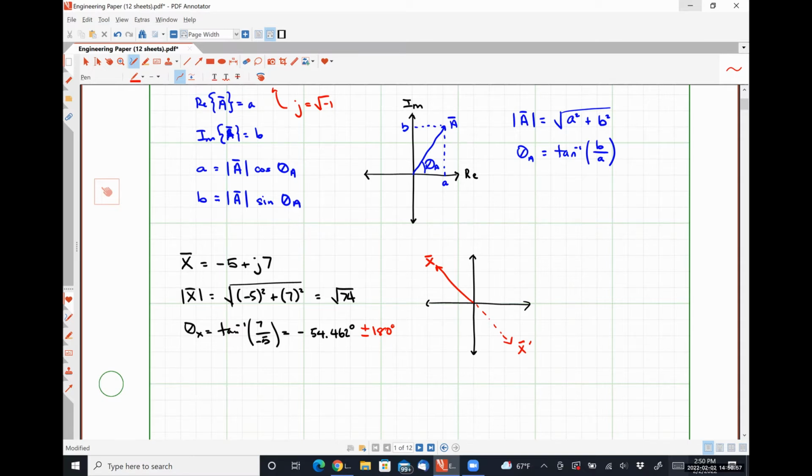That being said, your calculator is perfectly capable of converting from a rectangular form complex number to a polar form complex number and giving you the correct answer without having to do this manipulation, okay? A large part of this lecture is going to be, how do I make my calculator do the work for me? Legitimately, okay?